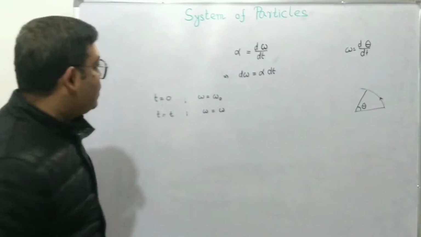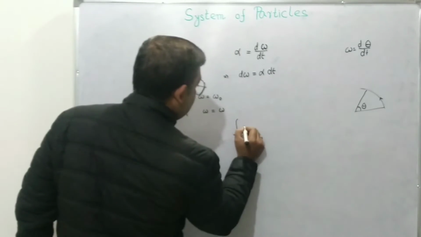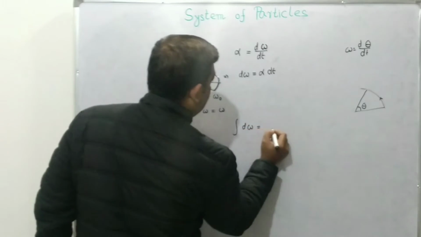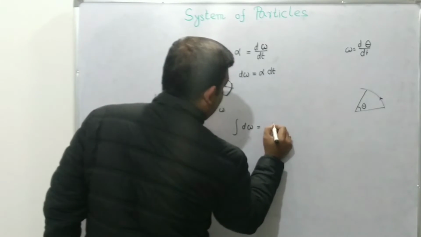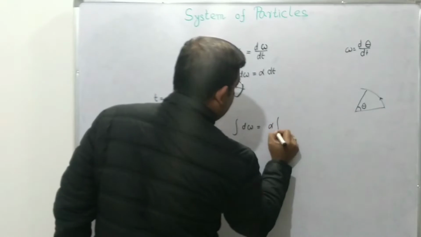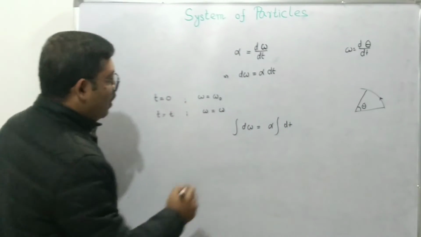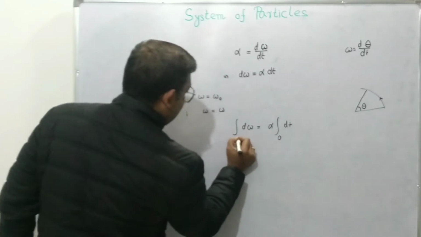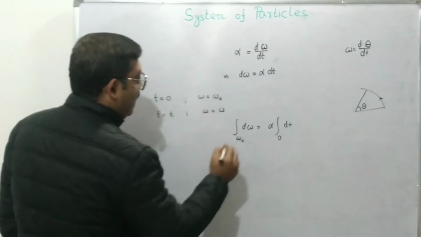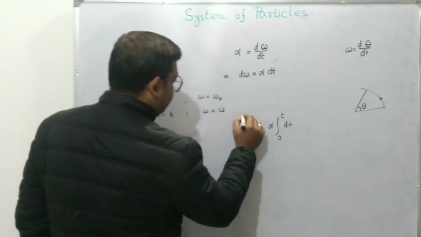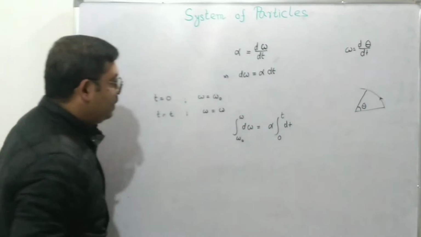So what is the net change? We can always integrate this. d omega must be equal to alpha, a constant angular acceleration, dt, right? The limits will be when t equals 0, omega was omega naught, and when time becomes t, omega becomes omega.